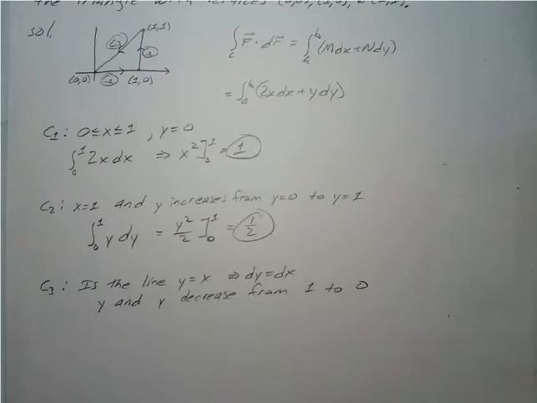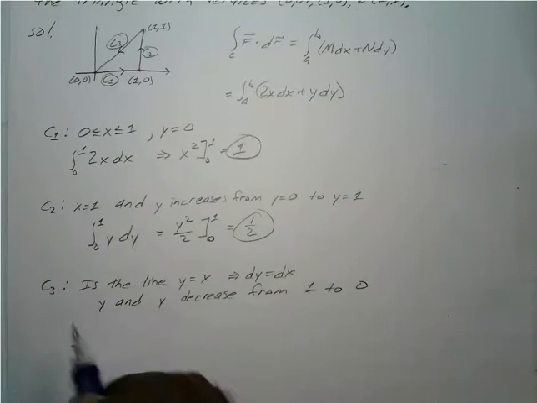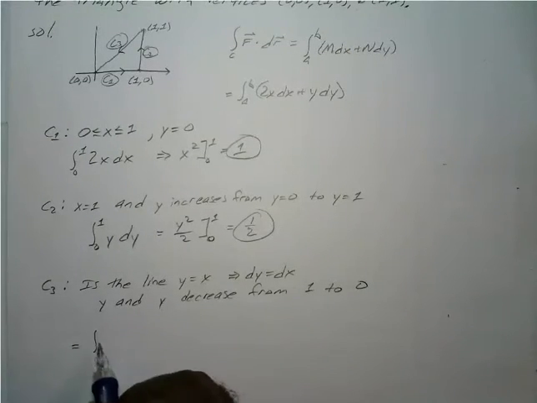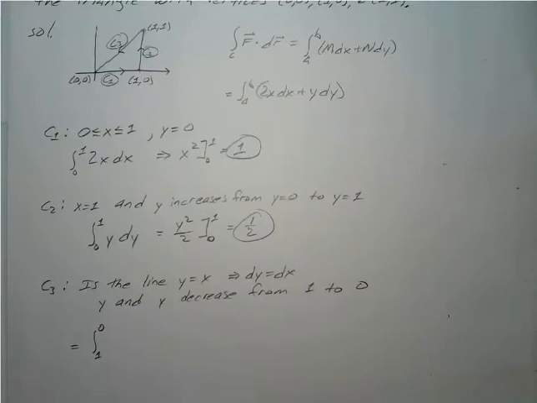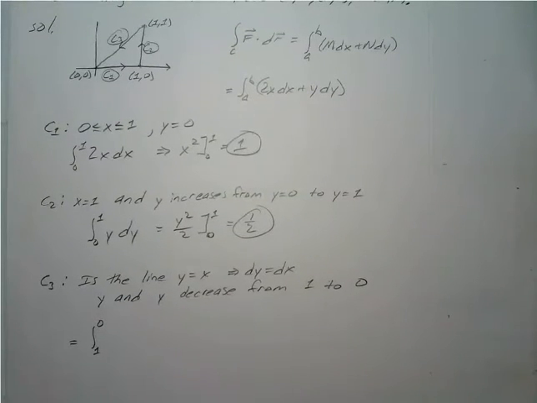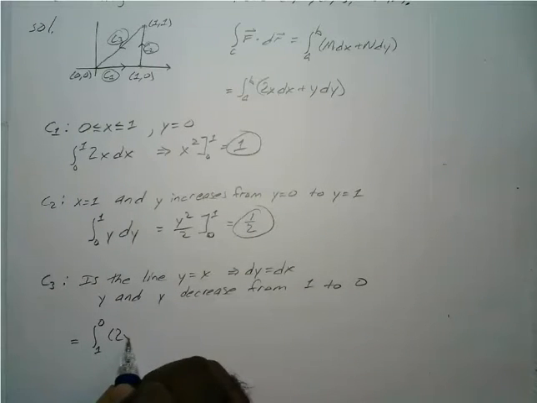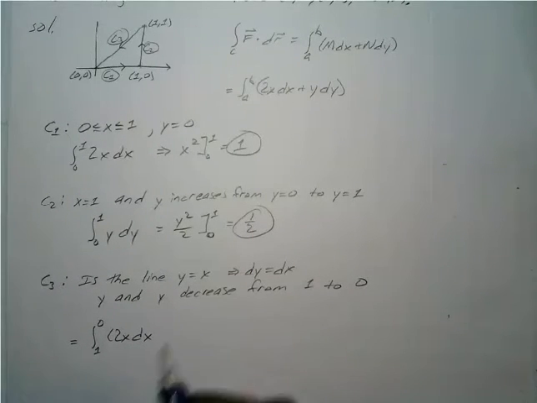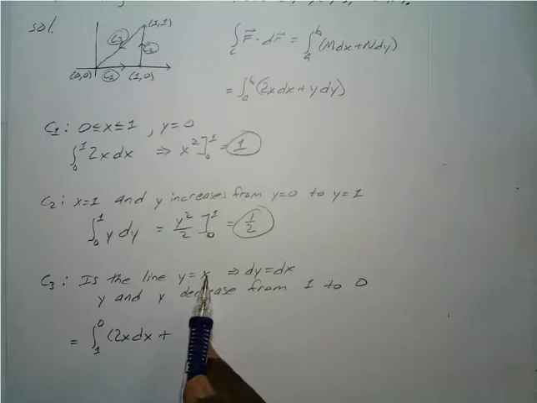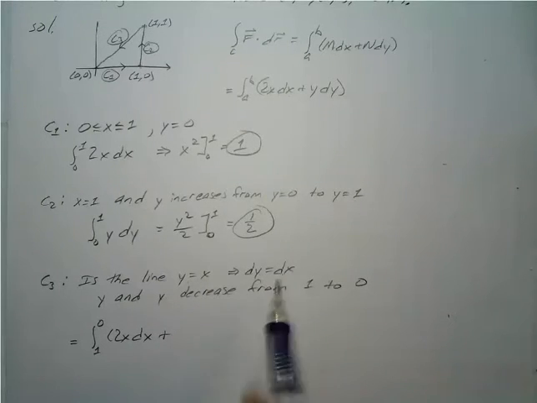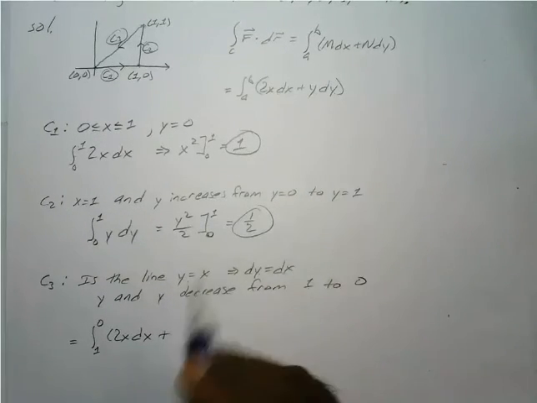All right. The good part about it is y is equal to x, which means since we know we're going from 1 to 0, our integral is going to be from 1 to 0 of 2x dx plus, remember, y is equal to x and dy is equal to dx, so we can just make that x dx.